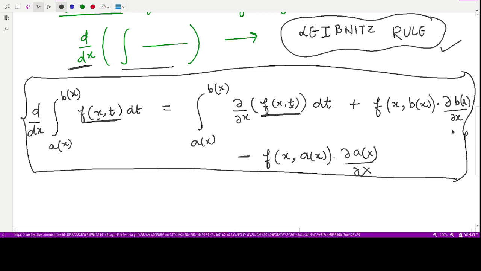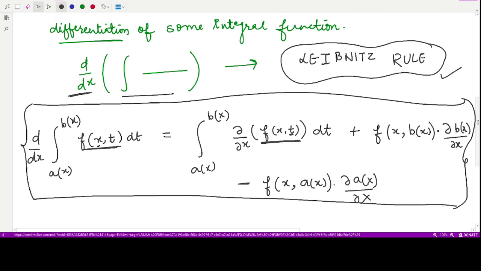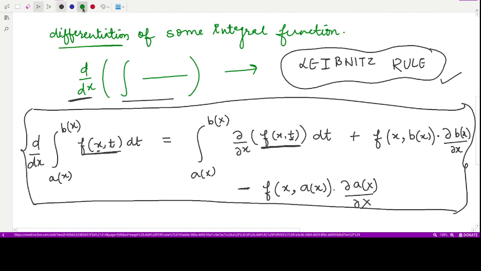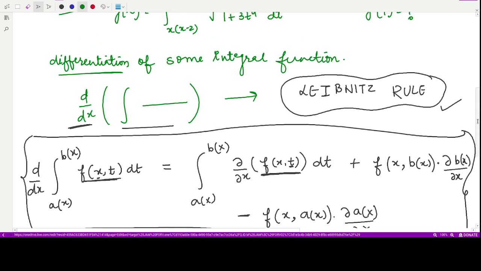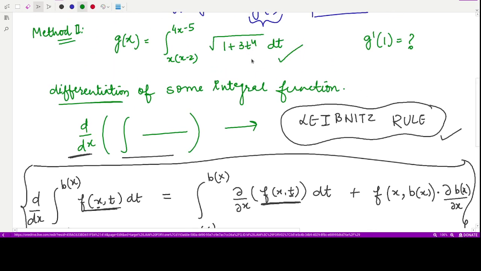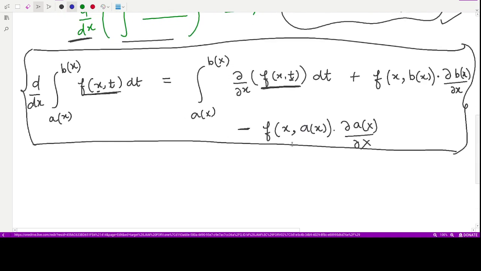Now let's apply this formula onto our given function, so it will be more clear how we are performing the things. We have this function, so your f of x, t is nothing but this thing. This is your a of x, this is your b of x. Now we'll perform the derivative of this function g of x.